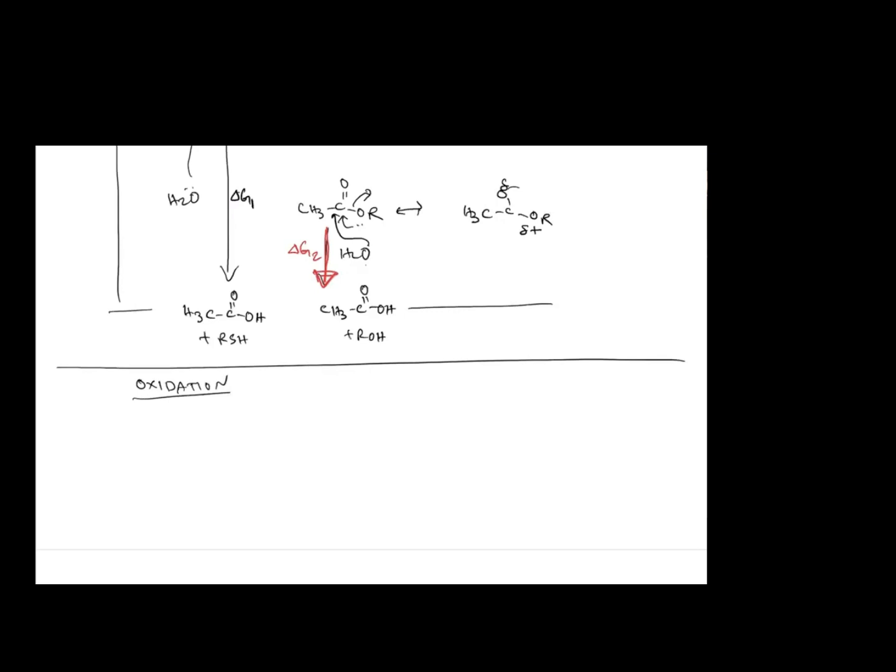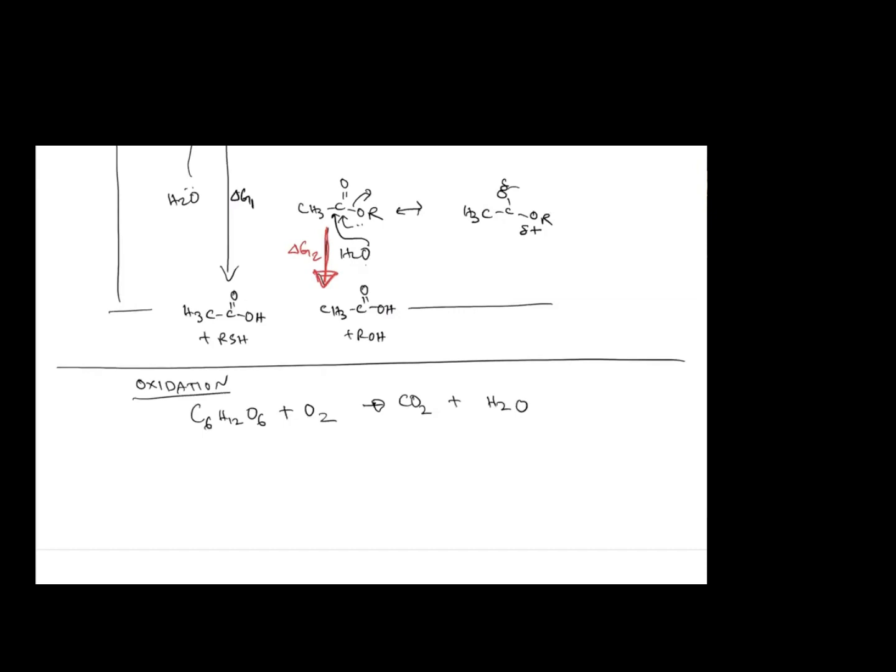If we have glucose, what is the chemical formula of glucose? C6H12O6. And we have oxygen. What do you think will be the product after catabolizing glucose all the way? You can only make two things, just carbon dioxide and water, right?